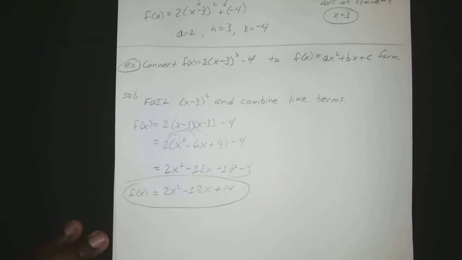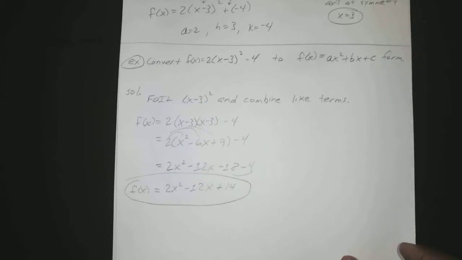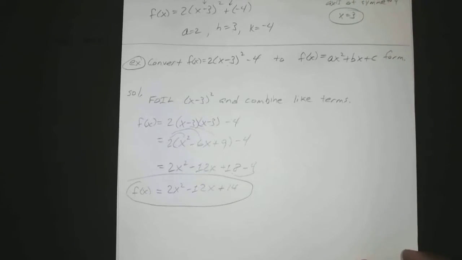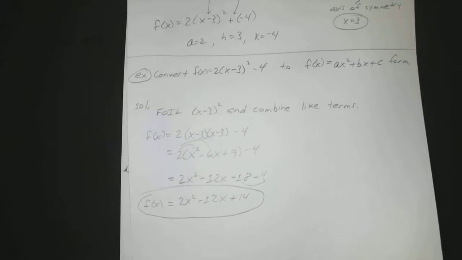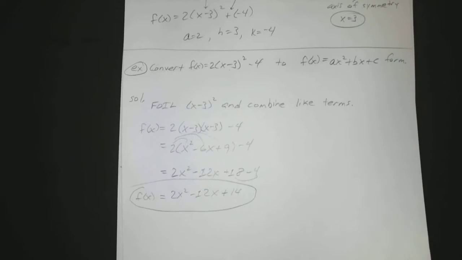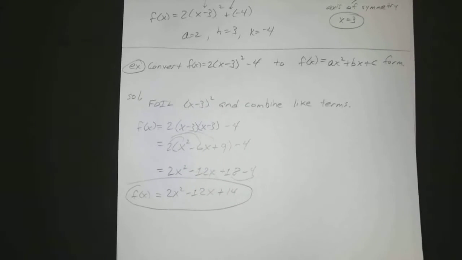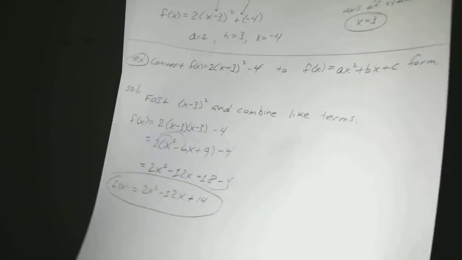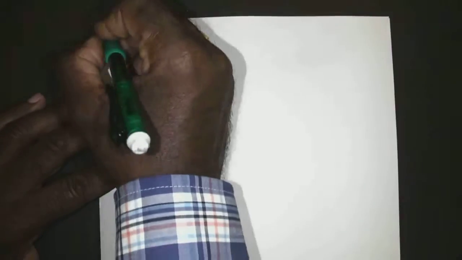Now, if you want to convert it back, that would involve completing the square. And actually, we'll just convert it back just to kind of show the steps. That'll take just a couple seconds. Okay. Any questions on this one? All right. And let's see.